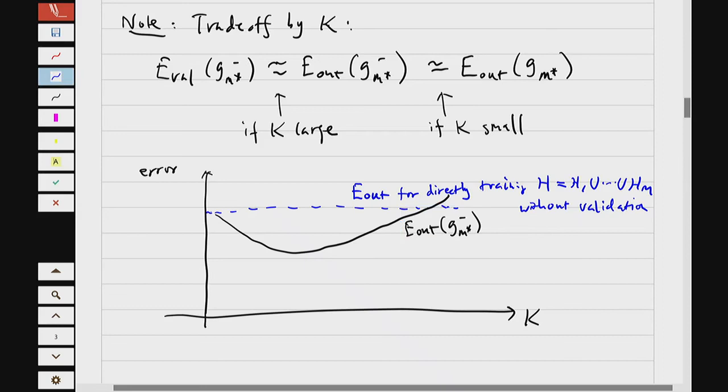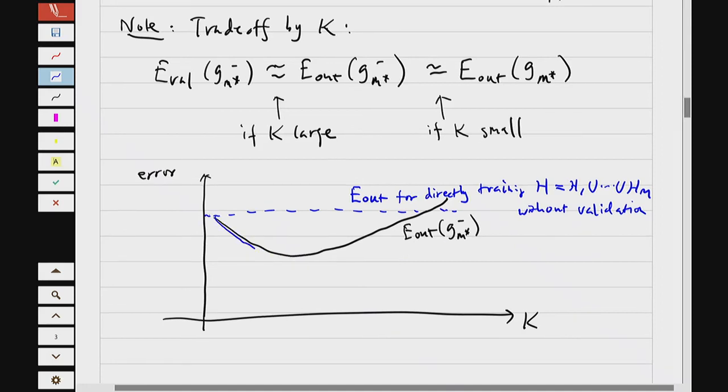But remember we don't just use g_m minus, right? We retrain the model m star using the entire data set. In general, because you have more data points, assuming that you have enough computation power to handle them, you will do better. So this one will be the actual one that you get. It still picks up at the end, but it is better than the previous one. So this one will be E out of g_m star, like that.